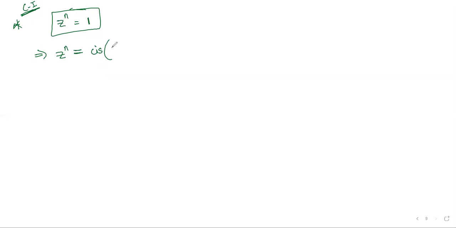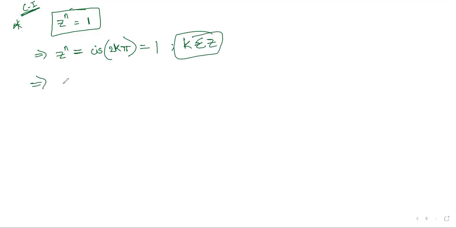In fact, any integral multiple of 2 pi will give you 1, where k belongs to the integers.